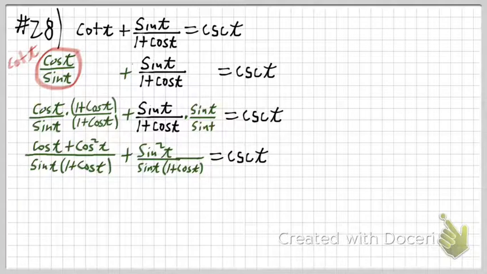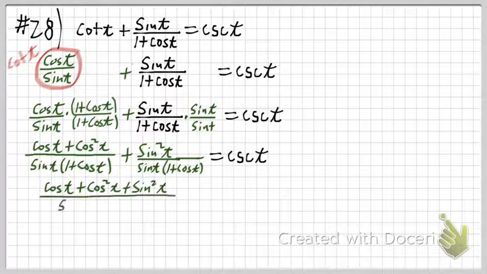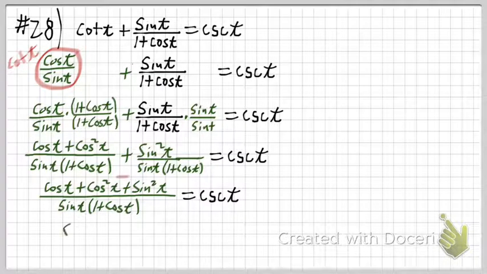All right, so now that we have a common denominator, I'm putting in a lot of steps here so you'll see everything I'm doing. When I combine these two, let's take a look at the numerator here. I have this cosine squared t plus sine squared t, and we know from our Pythagorean identities that equals 1.